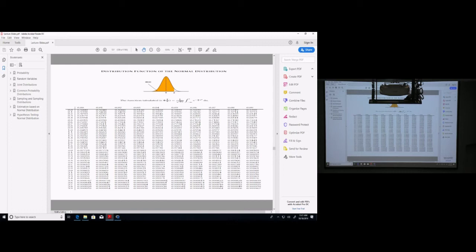Anyway, the first thing when you pick up any table, because a lot of textbooks will have a table on the normal distribution, is to understand what the entry stands for. That is why usually they have this plot, because the number here refers to the left tail probability from minus infinity to this.